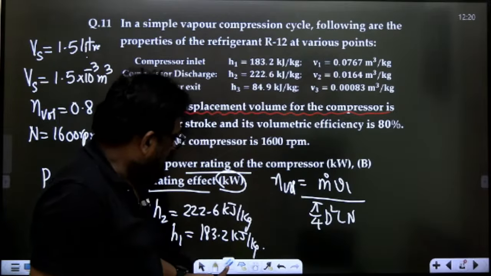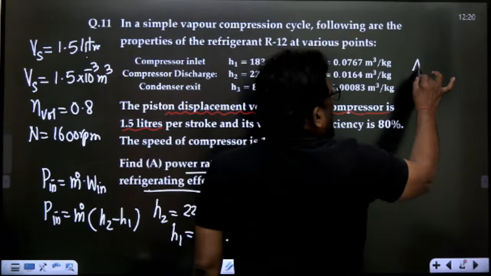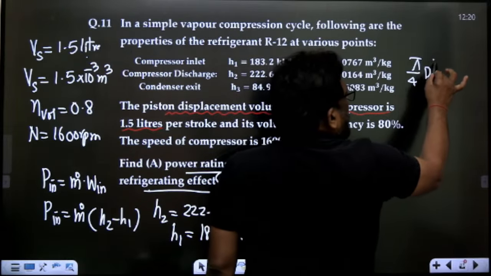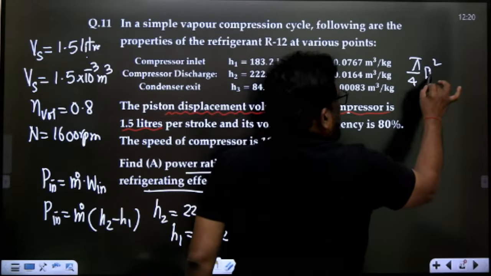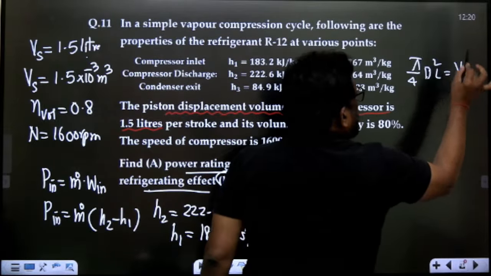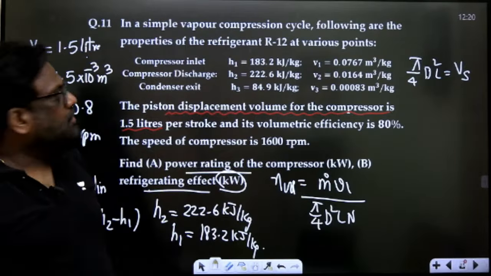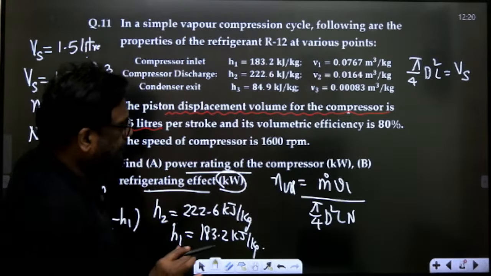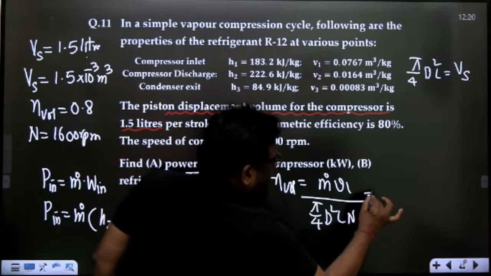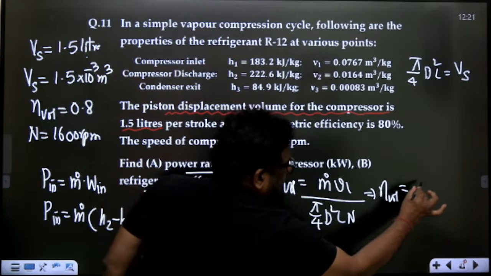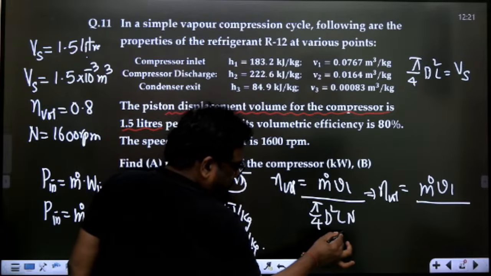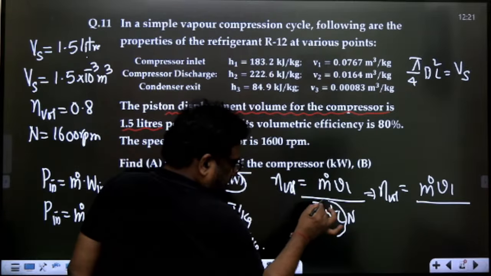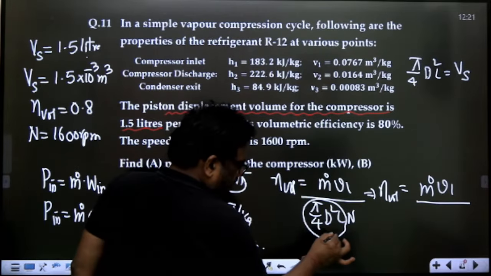Very good. Tell me, sir, what is pi by 4 d square L? Pi by 4 d square L is nothing but the swept volume. So the swept volume is already given. Can I write this as m dot v1 by the swept volume, yes, Vs into n?